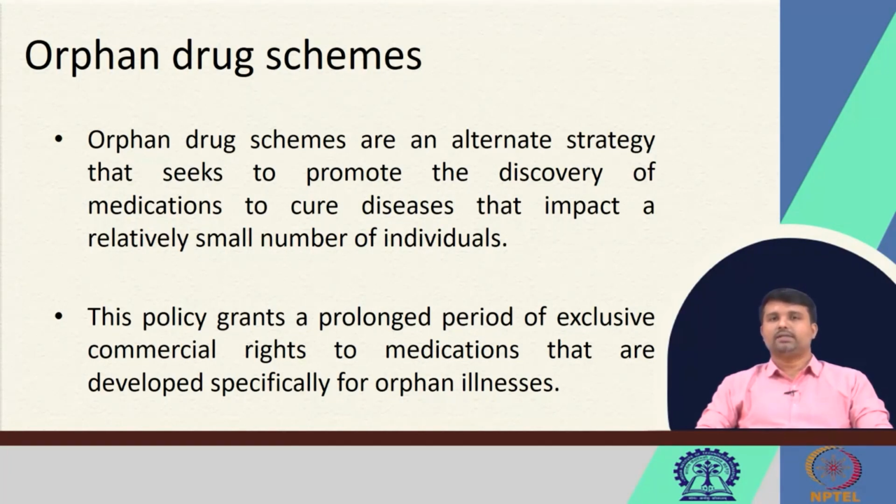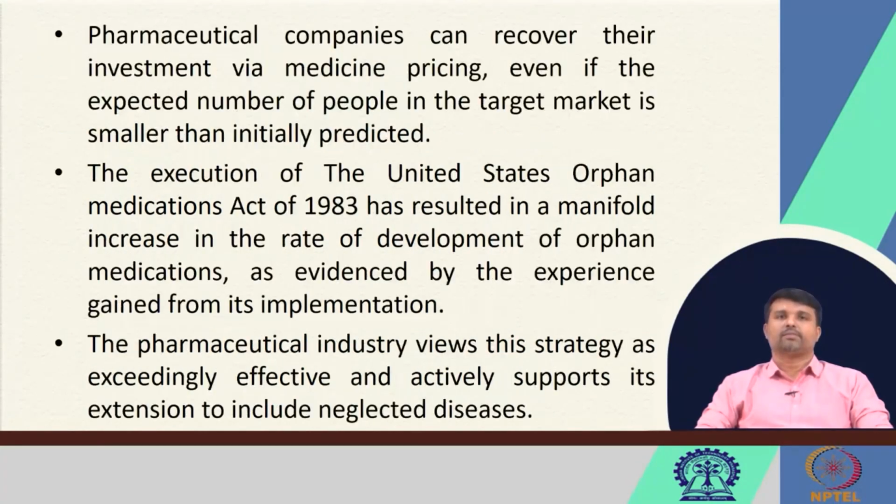The policy grants a prolonged period of exclusive commercial rights to medications that are developed specifically for orphan illness. The pharmaceutical companies can recover their investment via medicine pricing even if the expected number of people in the target market is smaller than initially predicted.